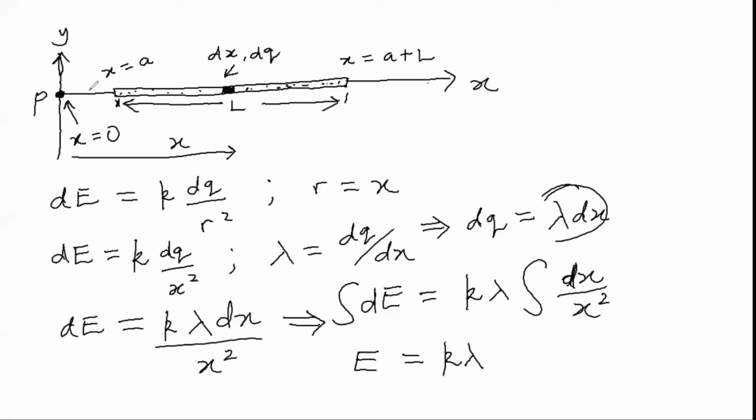All this space has got no charge. So the lower limit will be a. In the same vein, the upper limit here will be a plus L. So those are the limits of the integral.